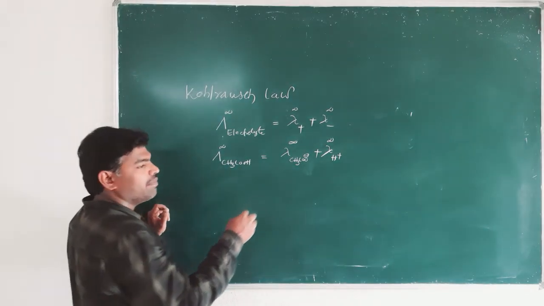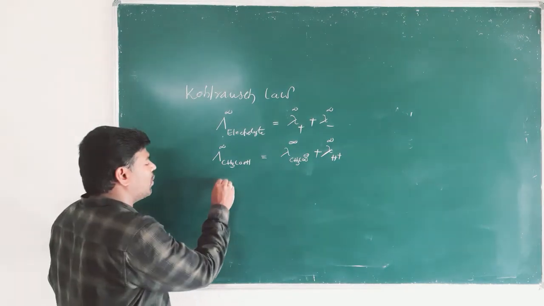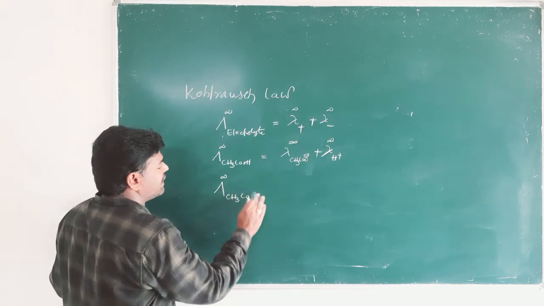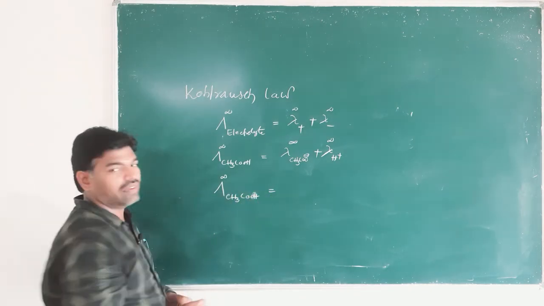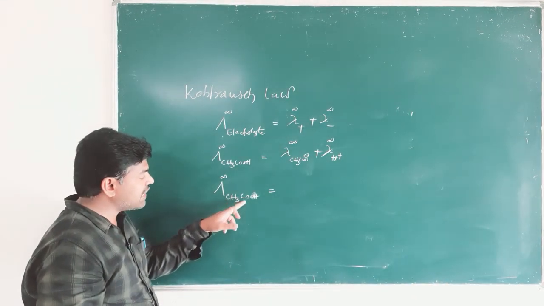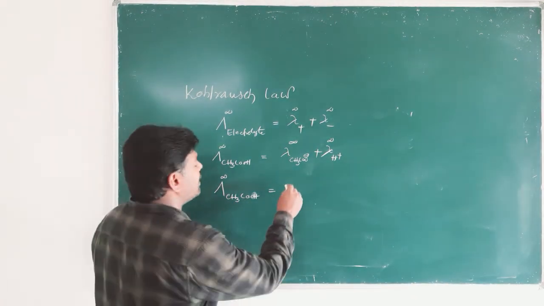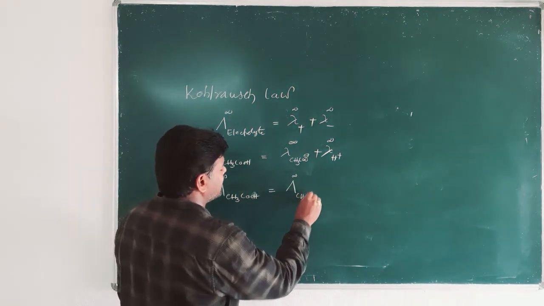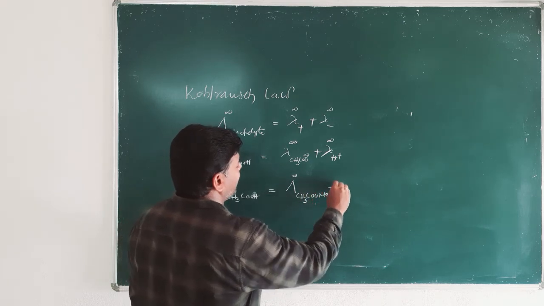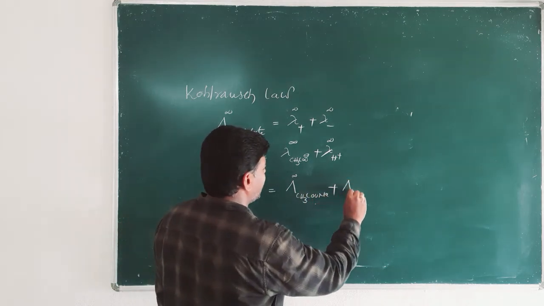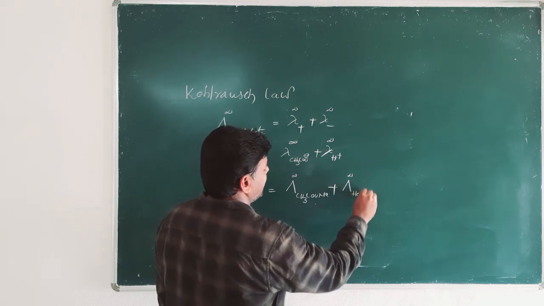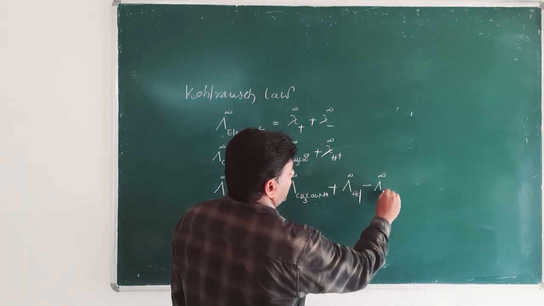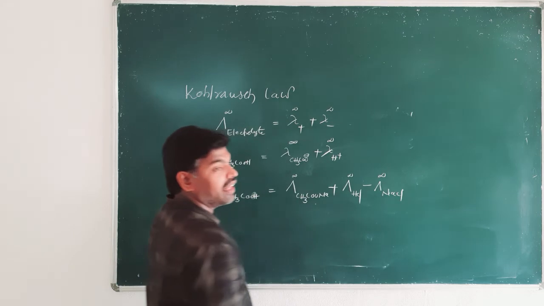So, we can get the equivalent conductance of the weak electrolyte acetic acid at infinite dilution from the equivalent conductance of sodium acetate, CH3COONa, at infinite dilution plus the equivalent conductance of HCl at infinite dilution minus the equivalent conductance of NaCl at infinite dilution.